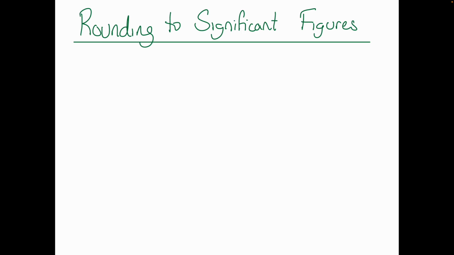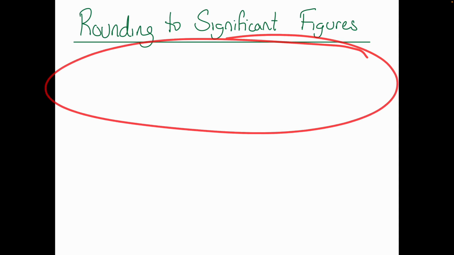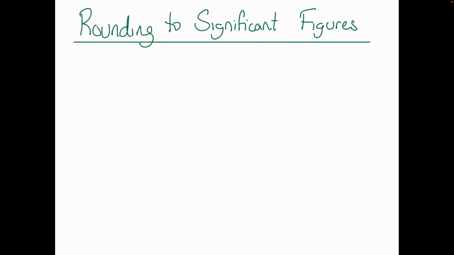Okay, so I'm going to put down on exam. I'm going to leave some room here for some notes. I think it's going to be helpful to just start with an example. We're going to round the following number to 3 significant figures. And I'm going to get lazy and call them sig figs.